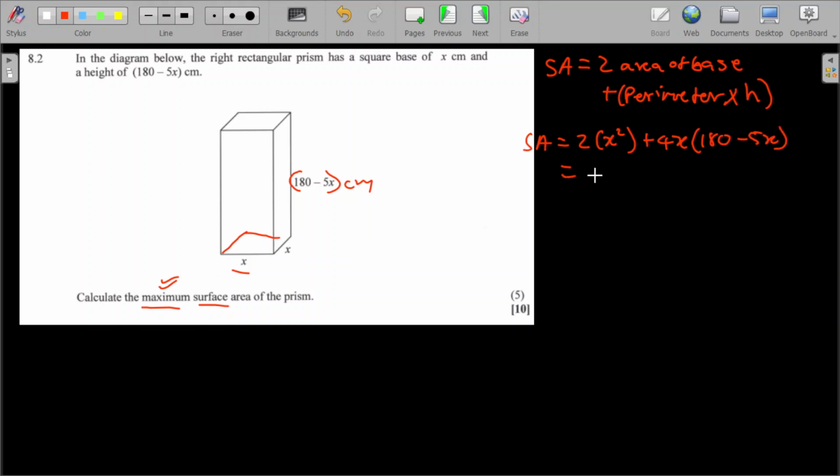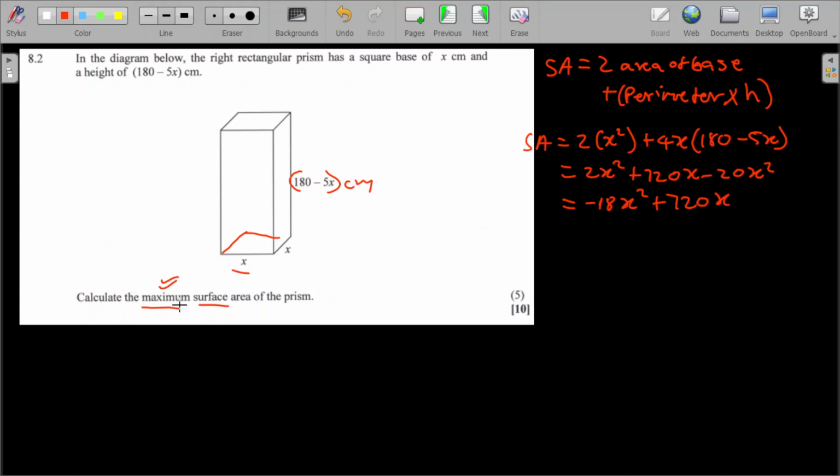Simplifying this gives 2x squared, and multiplying there gives plus 720x and negative 20x squared. Collecting like terms gives negative 18x squared plus 720x.